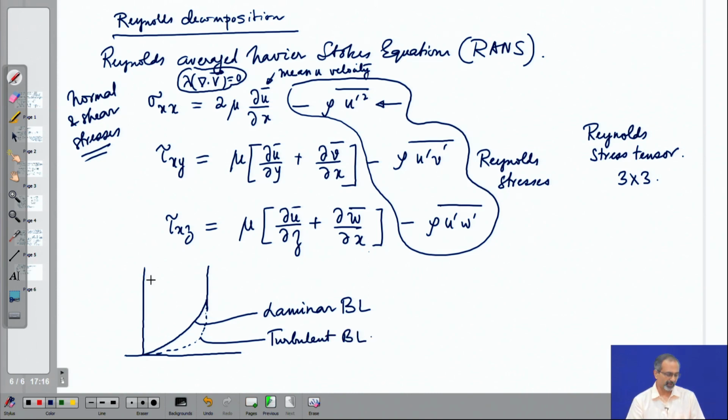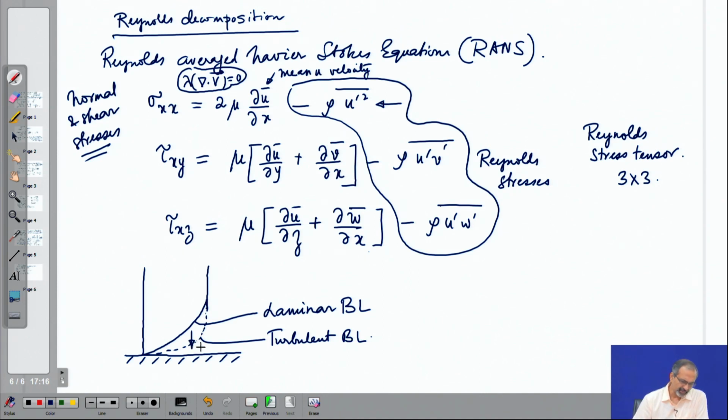And that is what we meant by saying that there is augmented diffusion of momentum. This increase in velocity closer to the wall or the boundary is happening because more momentum from the outer flow makes its way closer to the wall.